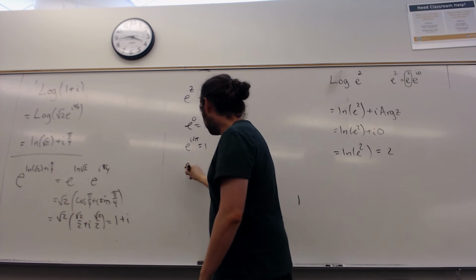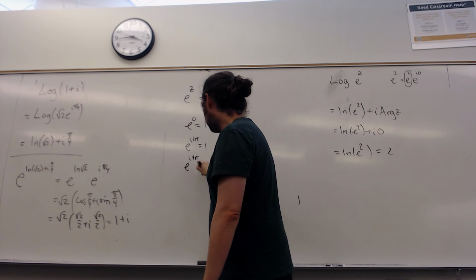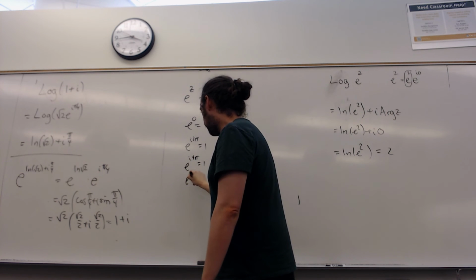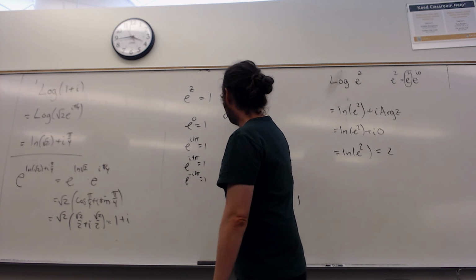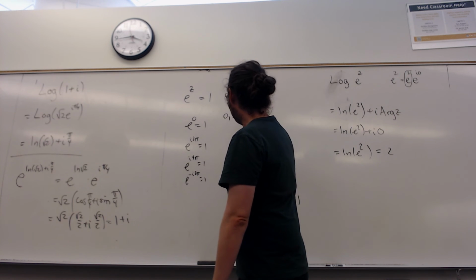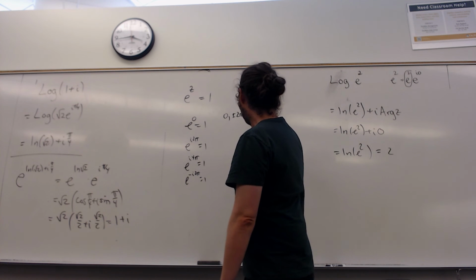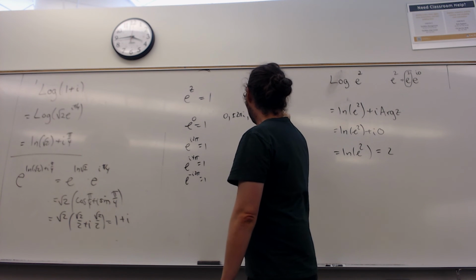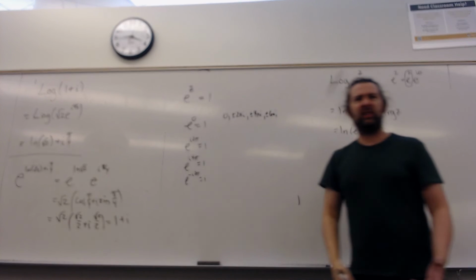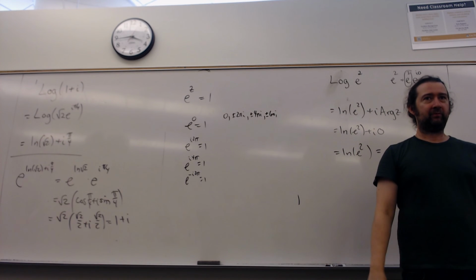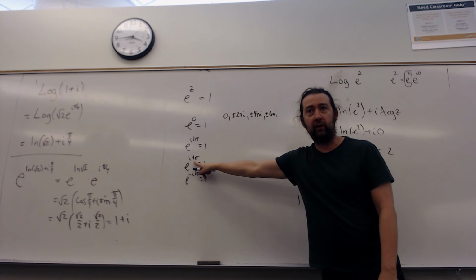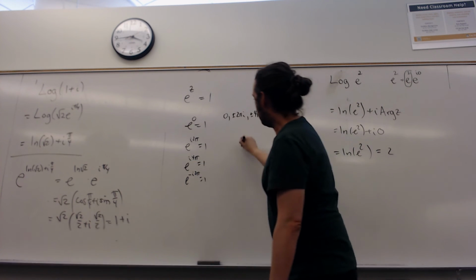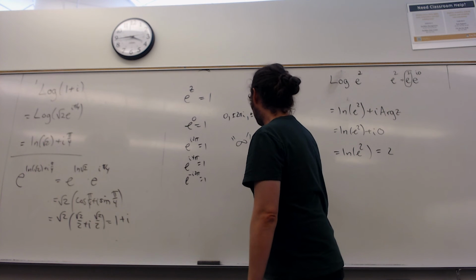Oh, and also e to the i 4 pi is 1, and also e to the minus i 2 pi is 1. Oh, crap. So it's 0, and plus or minus 2 pi i, and plus or minus 4 pi i, and plus or minus 6 pi i. So e to the z is an infinity to 1 function. There's an infinite number of complex numbers that e to the z sends to 1.